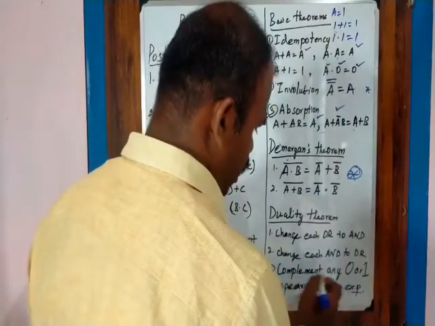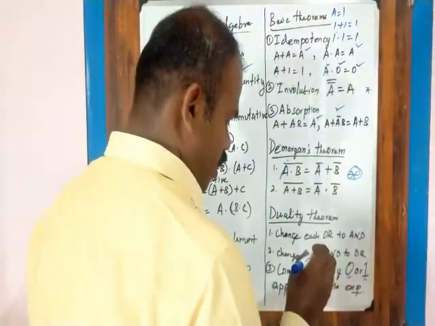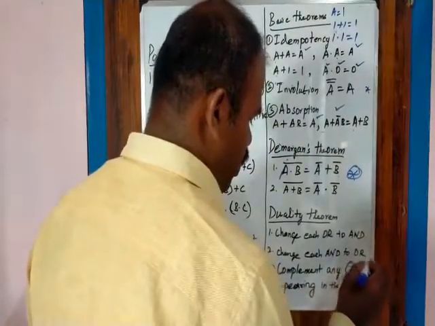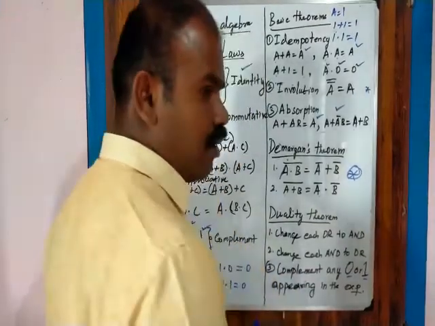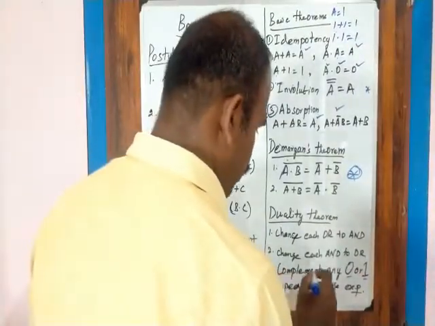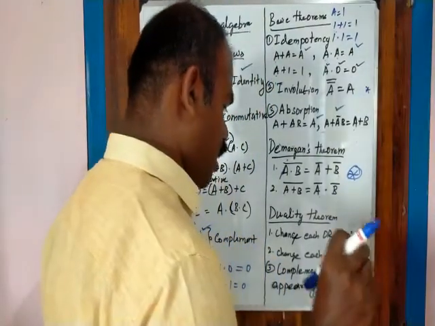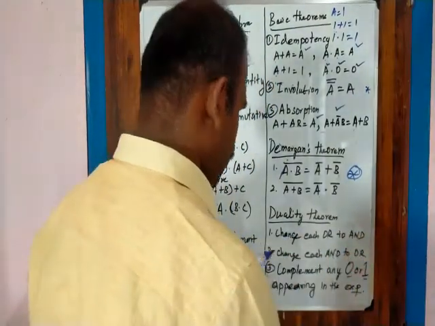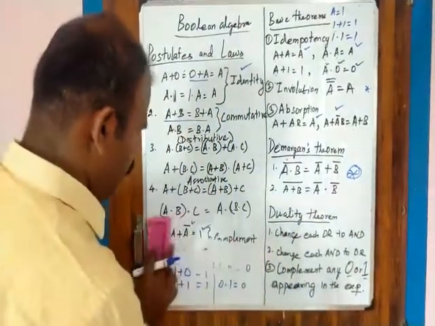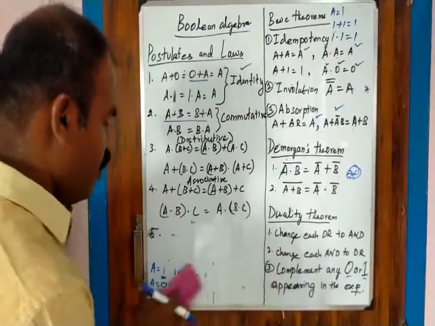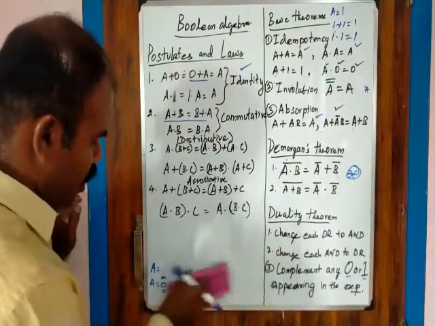If there is any 0 or 1 constant in that expression, we have to take its complement. We will see one example for the duality theorem. This is also a very important theorem. Many times they ask it in 2 marks.